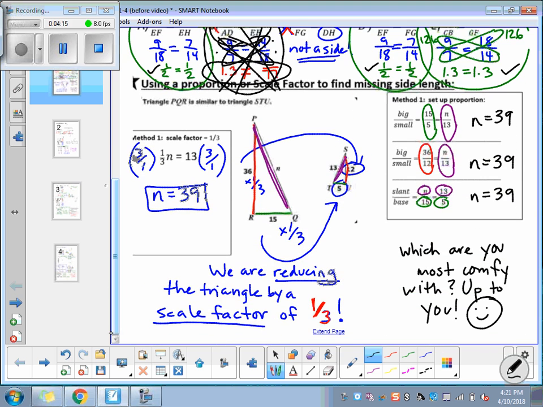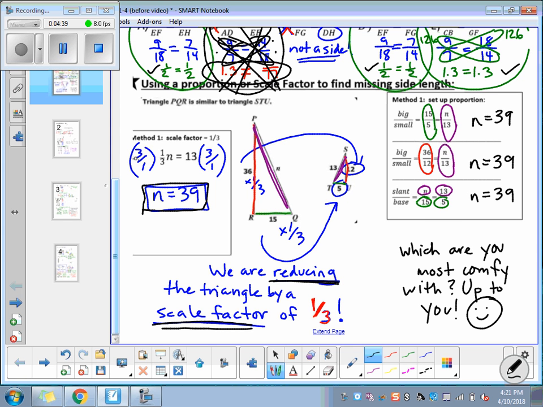Moving on down here now, we saw a warm-up question the other day where you guys were able to tell me that N definitely equals 39. Now I want to remind you guys that we're going from a bigger triangle to a smaller one, which means we are going to be reducing. And since we divide by 3, our scale factor is in fact 1/3.